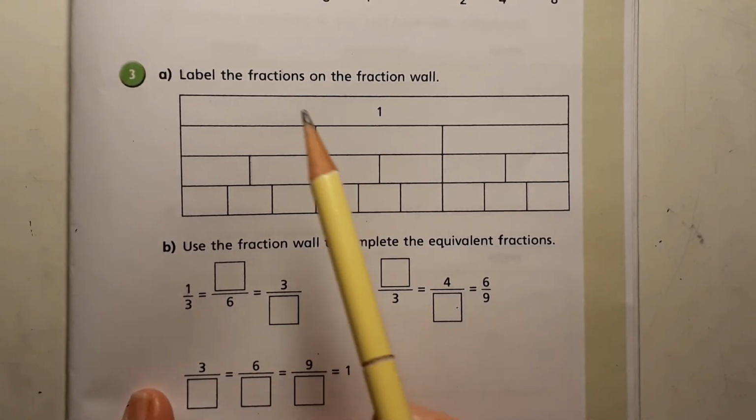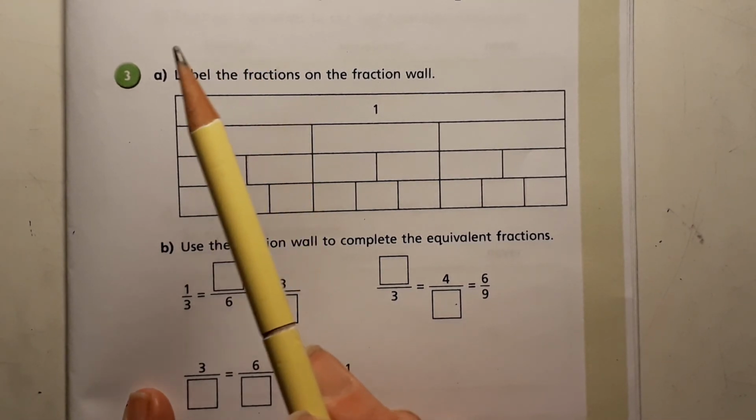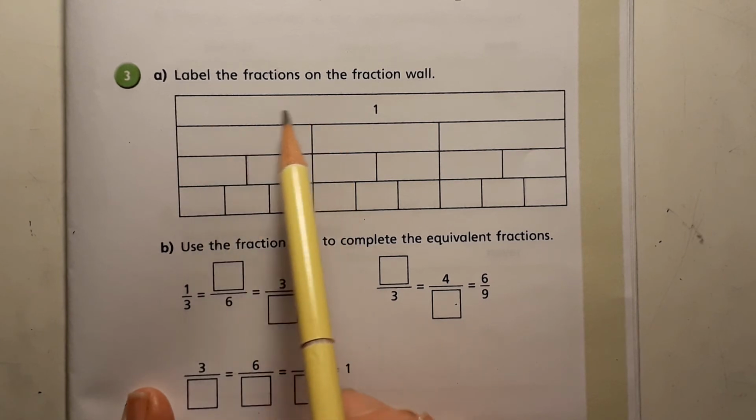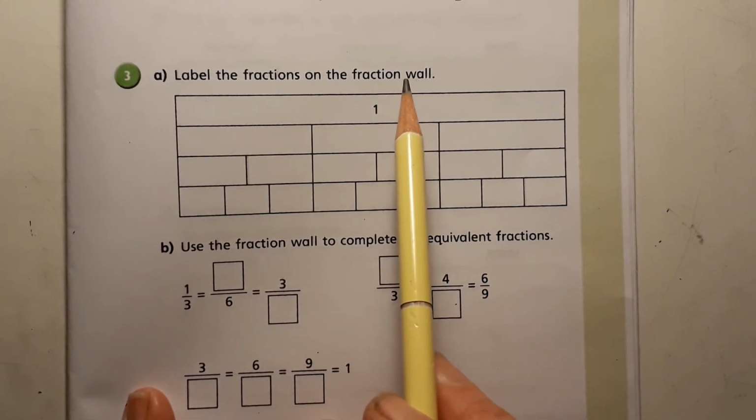Okay, so just coming onto our sheet, I think you should be absolutely fine through the first 2 questions. Okay, use the bar models, they call them fraction rules, to help you. Alright, but I'm just going to have a quick look at this fraction rule. Okay, so it says label the fractions on the fraction rule.